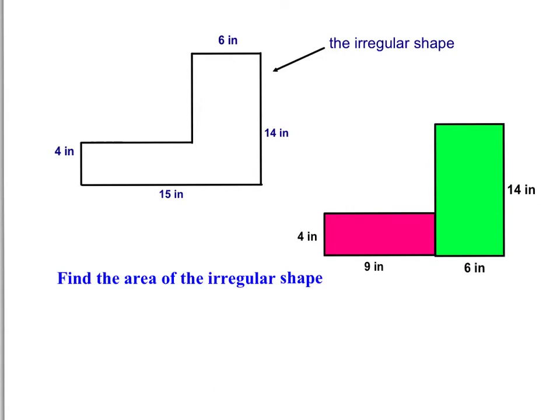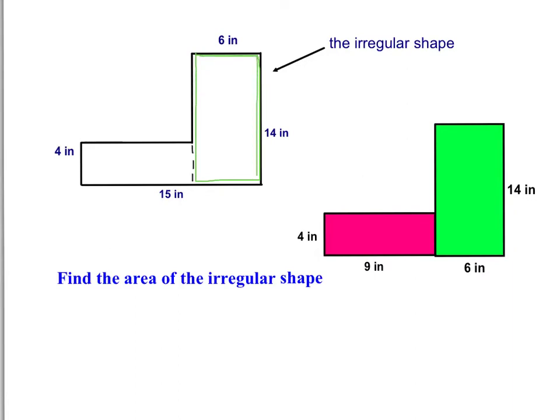The first thing I'm going to do is draw a dotted line to break up the two shapes. Now you can see this one and this one are the same as these two. So I would like to find the area of this rectangular shape, which is 6 by 14.